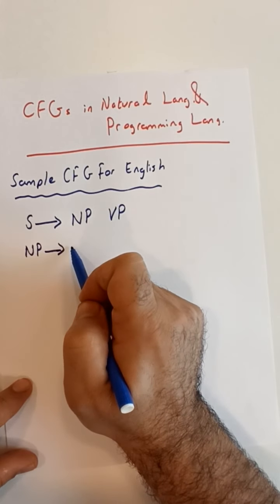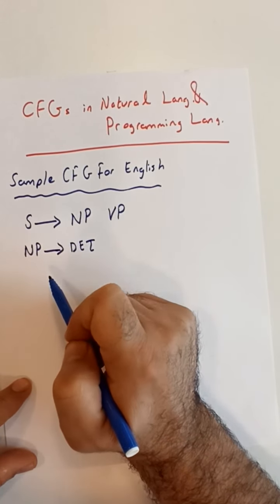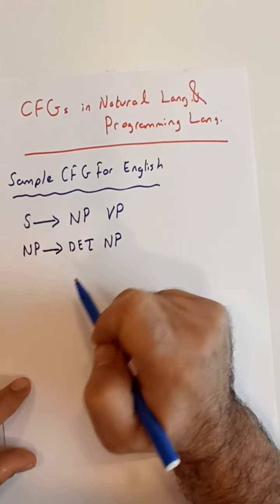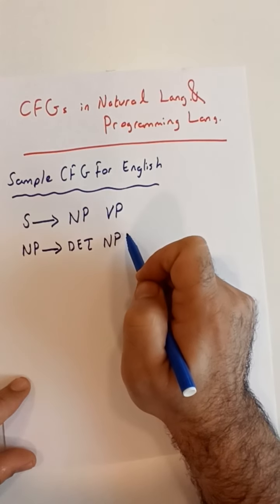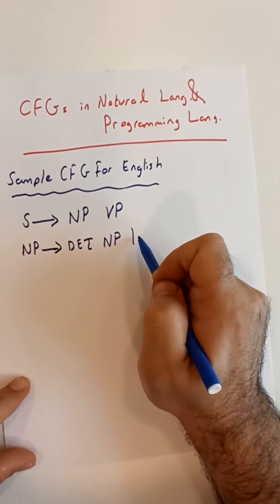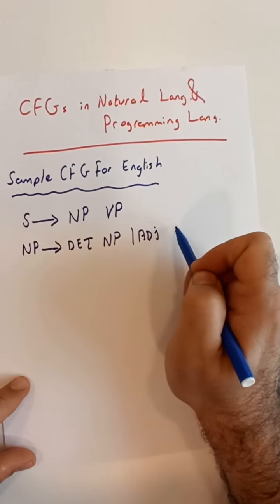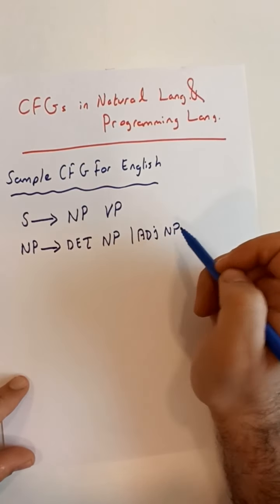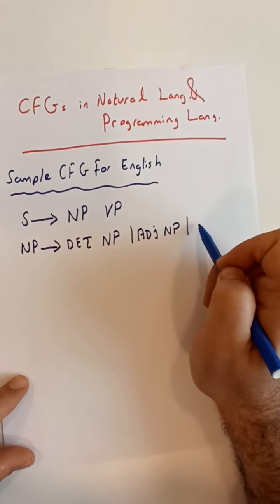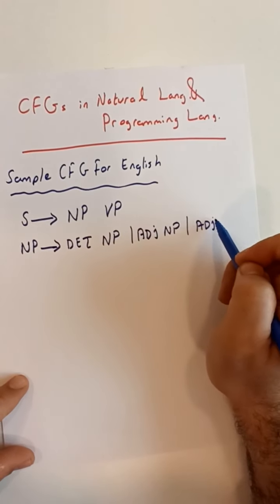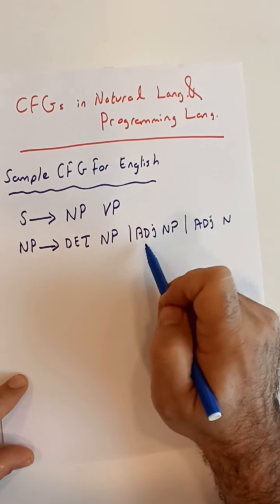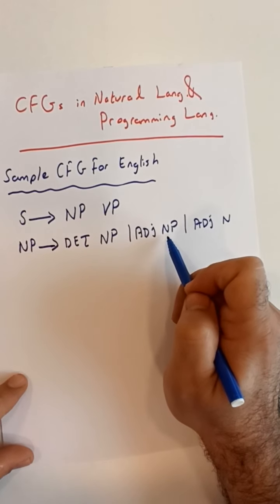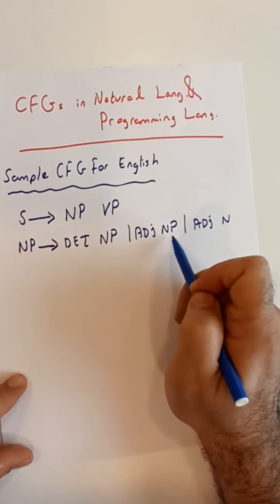We can have a determiner, basically one of the articles, the, a, an, followed by a noun phrase itself, or it could be an adjective followed by a noun phrase, so a small cat, for instance, or adjective followed by simply a noun. We write in this rule adjective followed by noun phrase so that we may follow this with further adjectives.